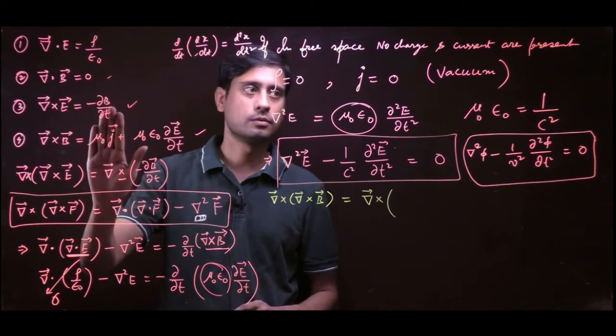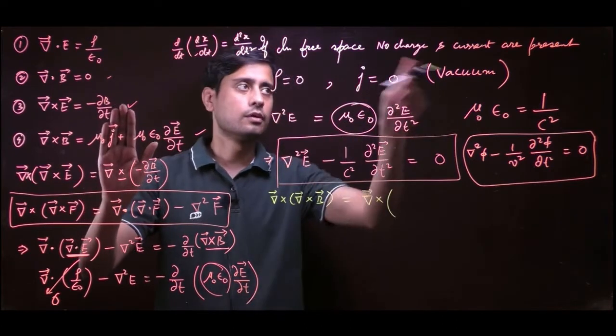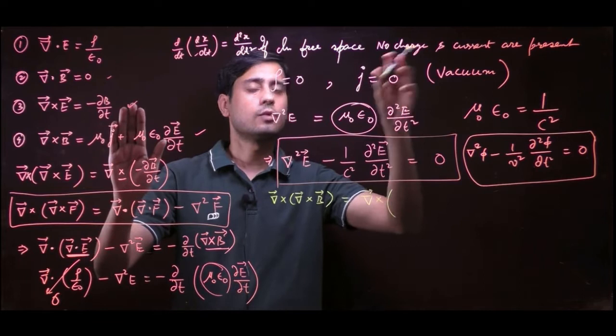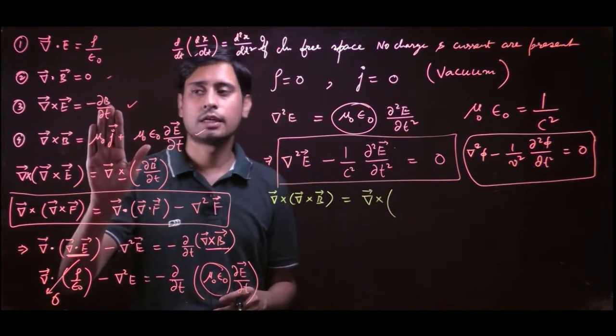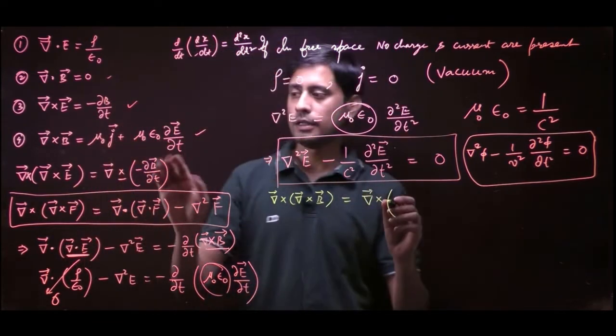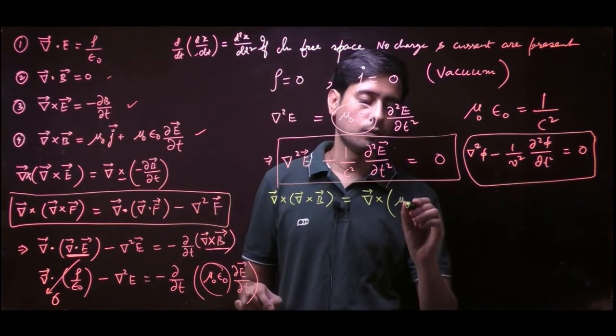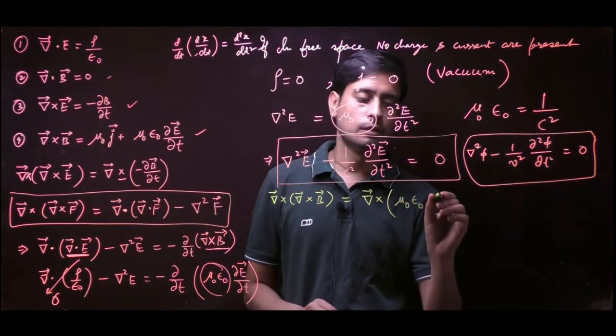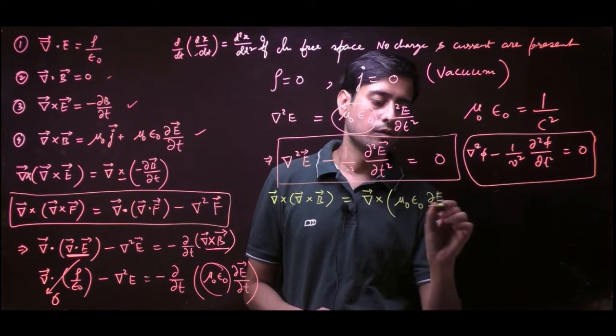This term is 0 because J is 0 for the case of vacuum or free space, where there is no charge or current. So you have to write just this term, mu naught epsilon naught del E over del t.